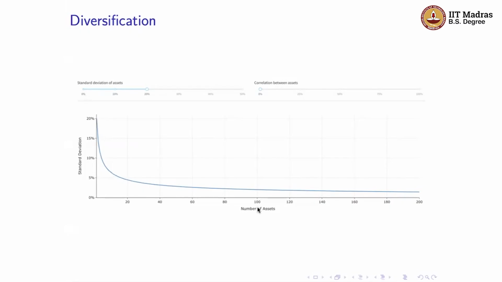But as the number of assets is going up, this is actually going down. So by the time you reach, let's say, n equal to 100, the standard deviation, which is sigma divided by square root of n, has gone down to 2%. And in fact, if you further increase it, this will keep on going down. So this is the basic idea behind diversification.